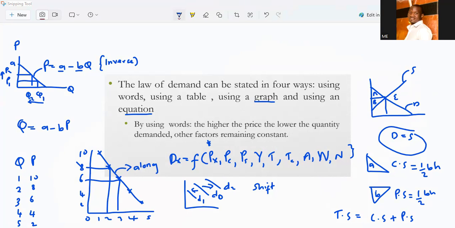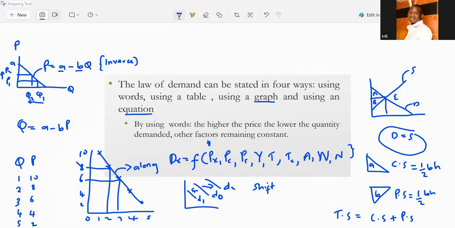In economics, when you're dealing with these principles, they're very important. The consumer surplus is the difference between what the consumer is willing to pay for a good or service and what they actually pay. It measures the extra benefit or the surplus that consumers receive because they actually pay less than their maximum willingness to pay.